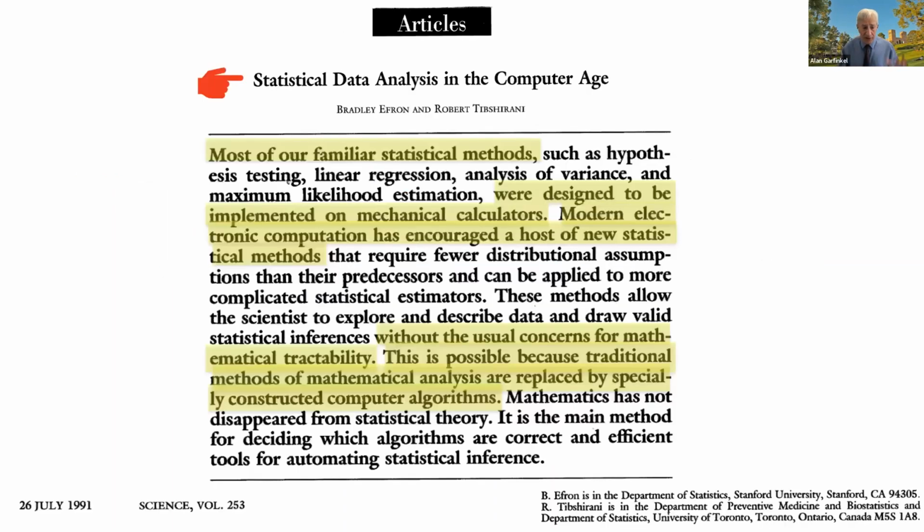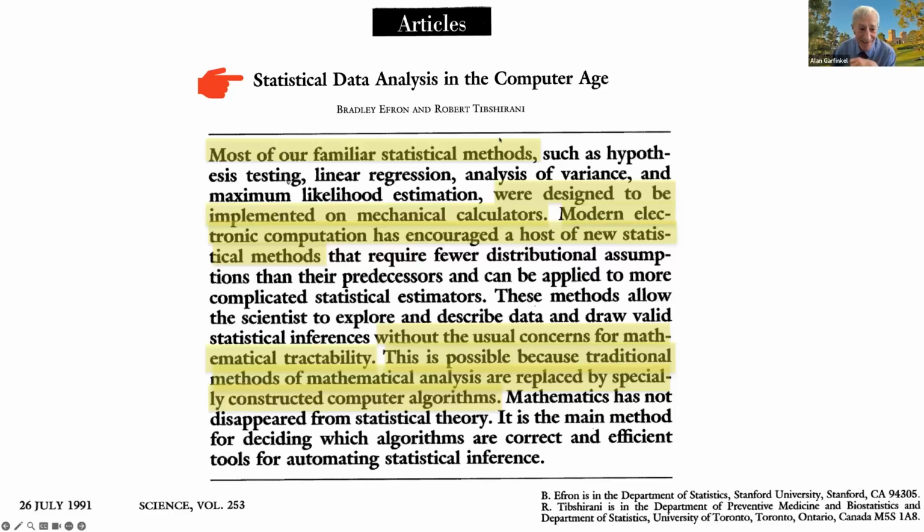So I said the late 20th century was the big watershed, and this was the great paper that changed everything. Brad Efron is the chairman of statistics at Stanford. And look at the title of their article, Statistical Data Analysis in the Computer Age. So you ask, what were we doing before?